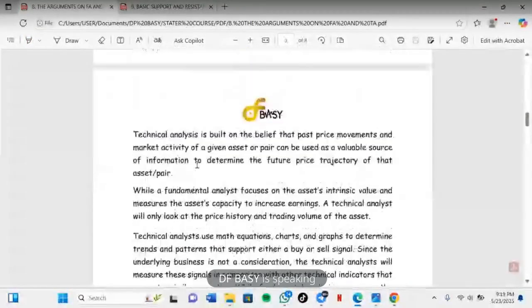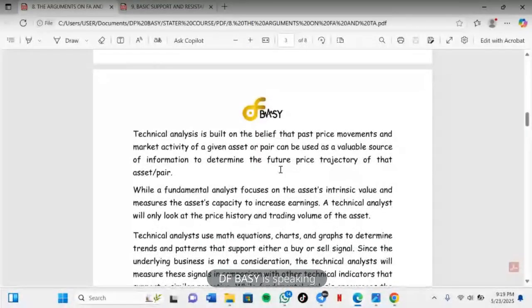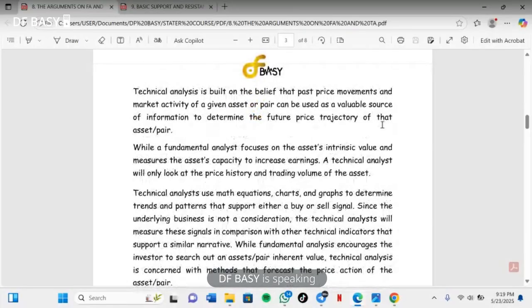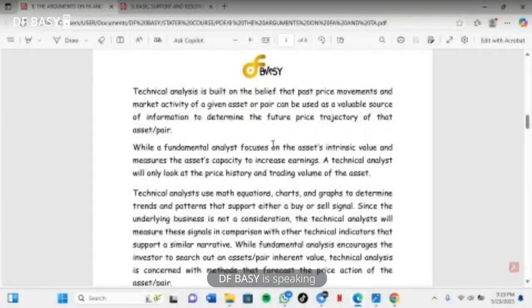Technical analysis is built on the belief that past price movements and market activities of a given asset or pair can be used as a valuable source of information to determine the future price trajectory of that asset pair.